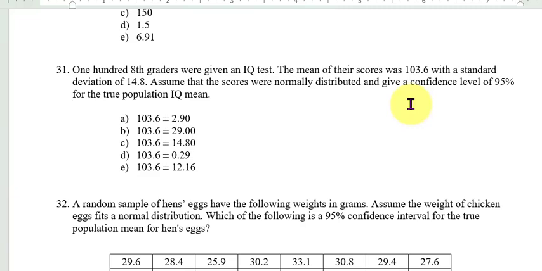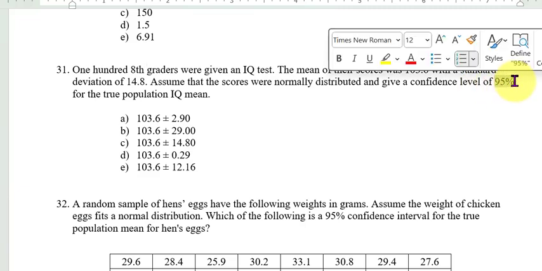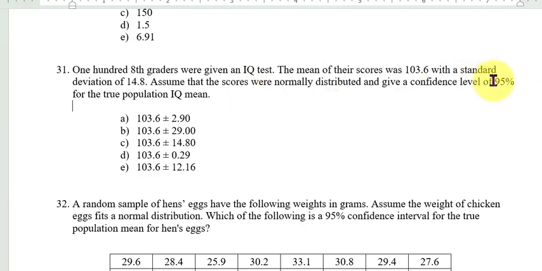And we want to make a 95% confidence interval for the true population mean. In other words, we are trying to track down the true population mean using this sample of 100 eighth graders. And it's only going to be 95% believable, right? Confident of 95%. So hopefully it'll be in there somewhere.